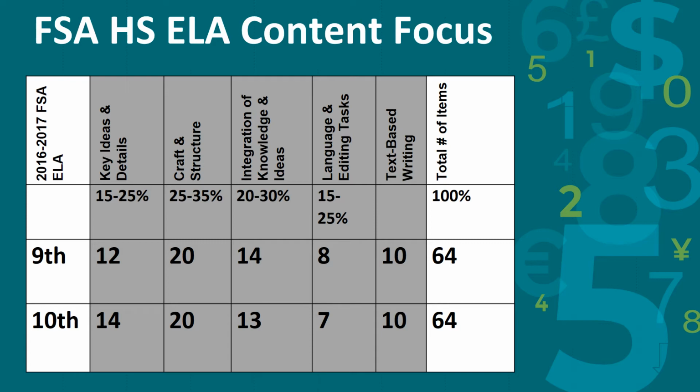If you're looking at this, you will see that craft and structure has a very heavy weight on the percent that is covered on the FSA. And again, you see there's about 20 questions from 9th and 10th grade from 2016 to 2017, yet it does change every single year. The total amount of questions that you will have for both grades will be 64 questions.